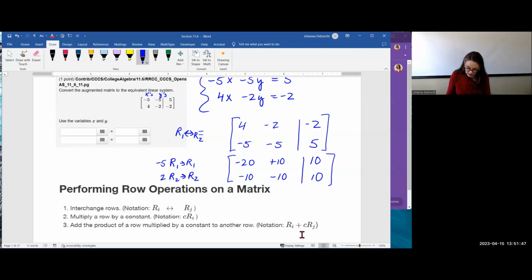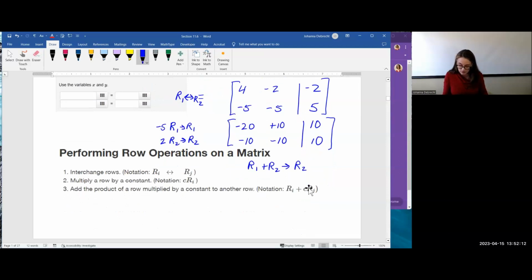For my next step, I'm going to take row 1 and add it to row 2, and put it back into row 2. I could put it back into row 1 or row 2, but I'm going to put it back into row 2. Notice that row 1's not on the right side of an arrow, so it doesn't actually change.